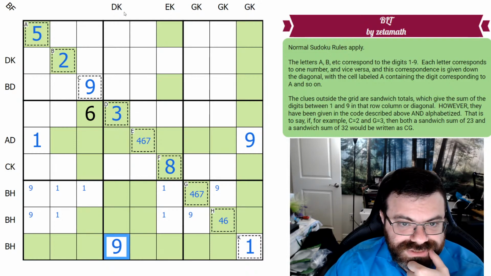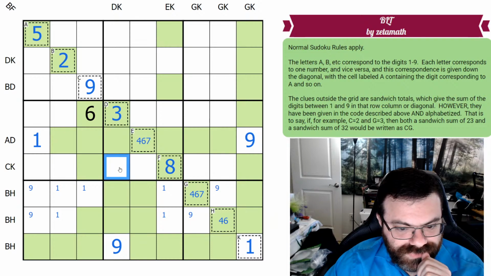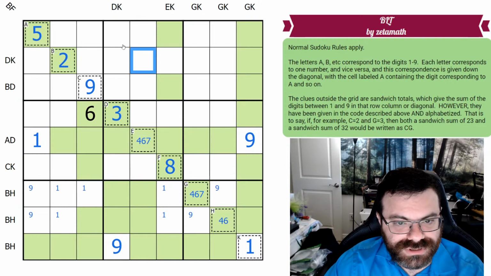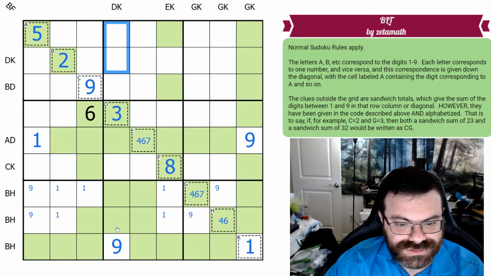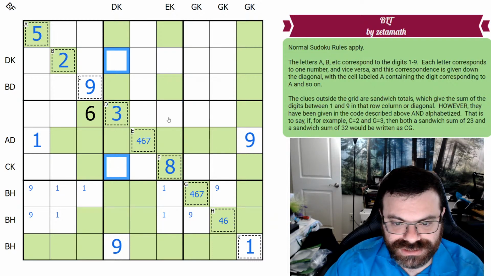So if this DK is 13, then this must be the one, or this must be the one. If it's 31, then we're missing 4, but the 3 is used, the 3 can't be in the outie. So we're just missing a singular 4, and then this would be the 1. So 1's in one of these two. And 1's in one of these two. No, that's 9. Darn.